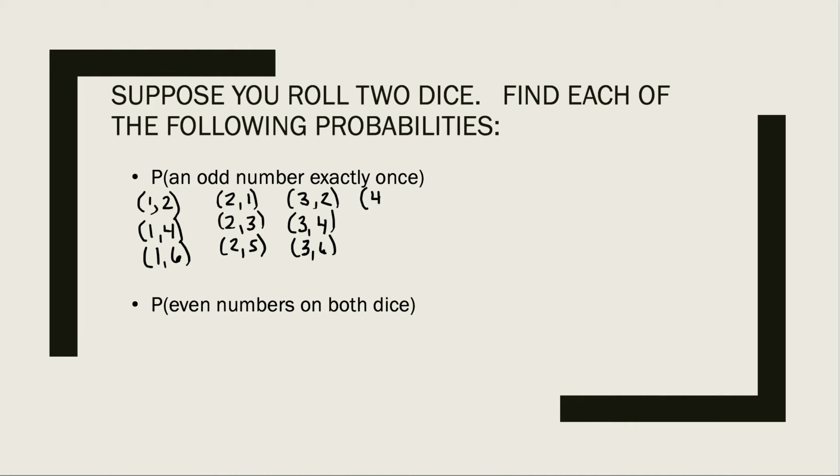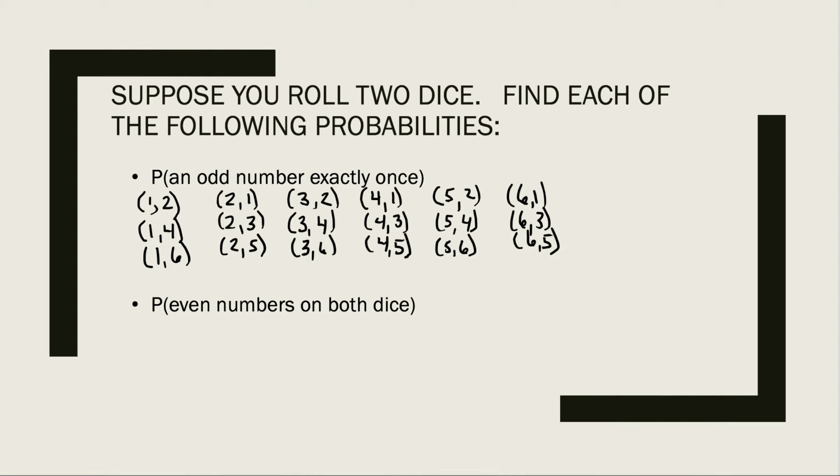For the 4s, we could do 4 and 1, 4 and 3, 4 and 5. For the 5s, 5 and 2, 5 and 4, 5 and 6. And then finally for the 6s, 6 and 1, 6 and 3, 6 and 5.